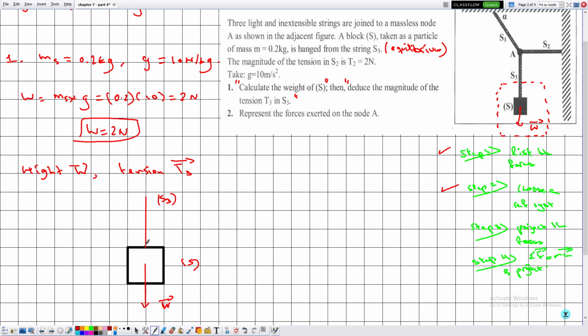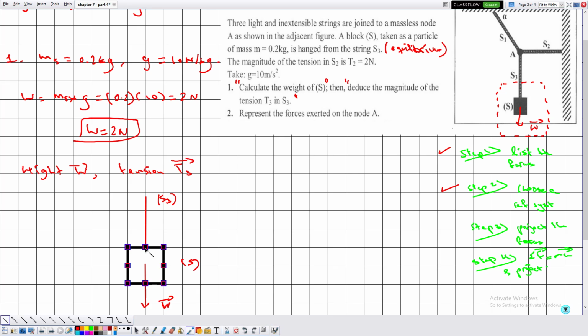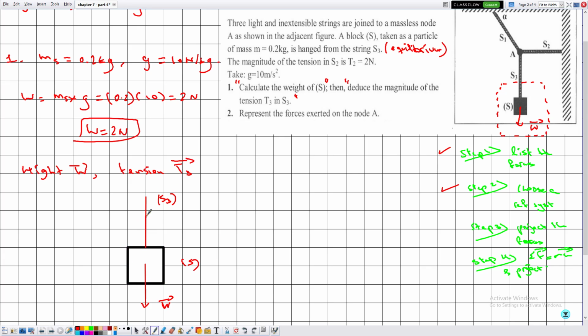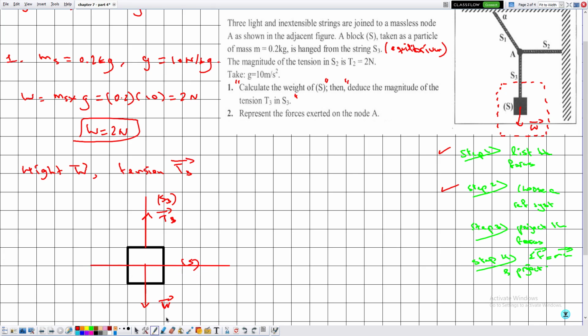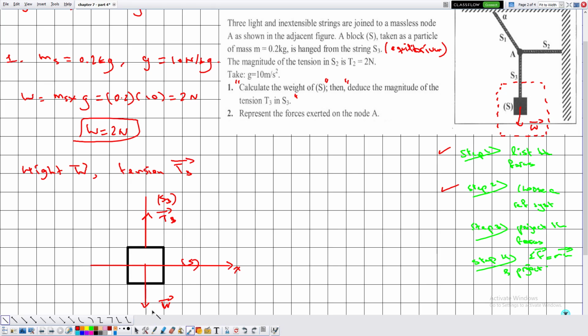Along the string we have the tension T3. And now let's choose a reference system. We are only applying the condition of equilibrium for S, so no need to consider the point A. Then the reference system in this case is chosen in the following way. This is the x-axis, say for example positive direction, and this is the positive direction of the y-axis.